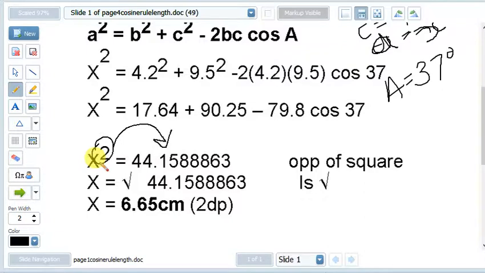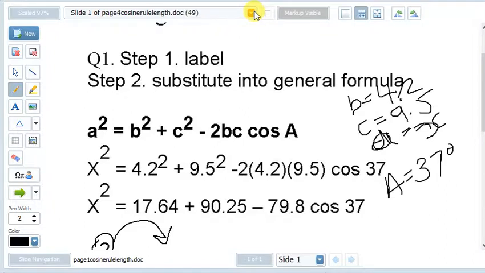Change side, change sign. So x squared becomes the square root, and so it'll be x equals the square root of 44.1588863. So the answer after you've taken the square root is 6.65 centimetres.